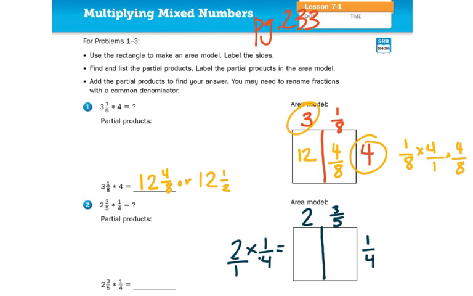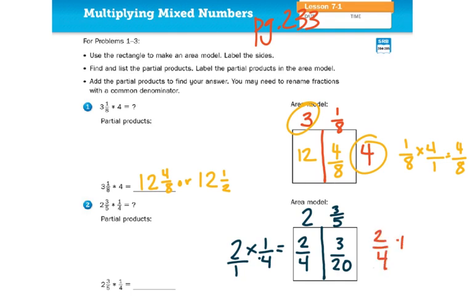So 2 times 1/4 is 2/4. Now we take 3/5 times 1/4. 3 times 1 is 3, and 5 times 4 is 20. 3/20. Now, those denominators are not the same, so we cannot add them together yet.